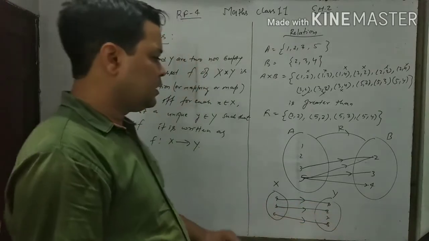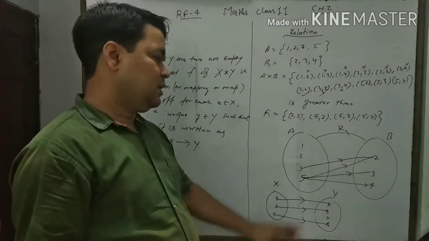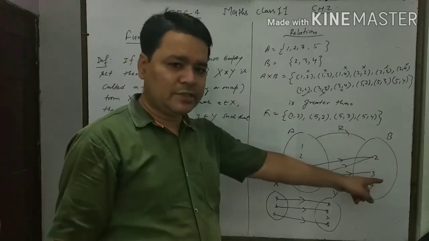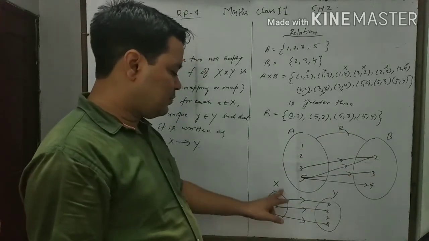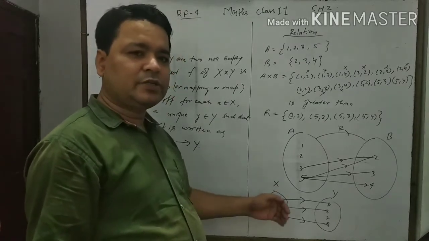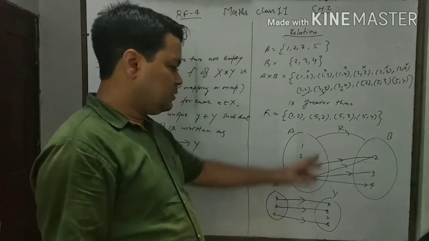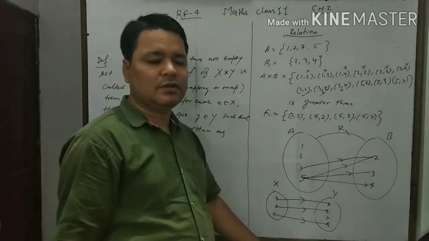Then what is the difference between this relation and this relation? In this relation, there are some elements which are not related to B, and here in this relation, each element of X is related to a unique element of Y. In both conditions, this is an example of a relation.